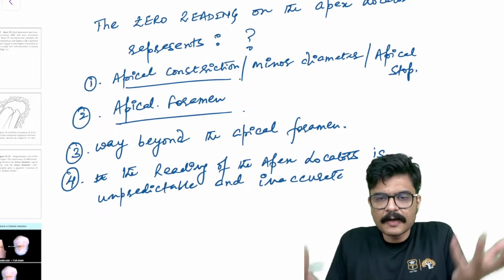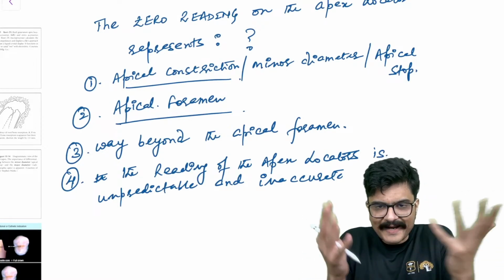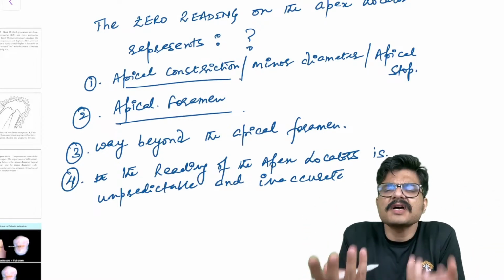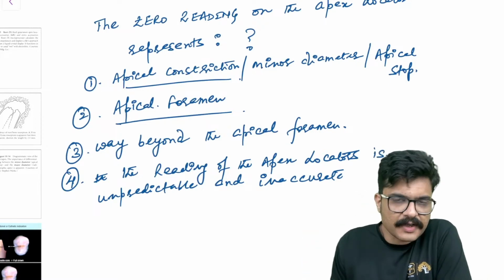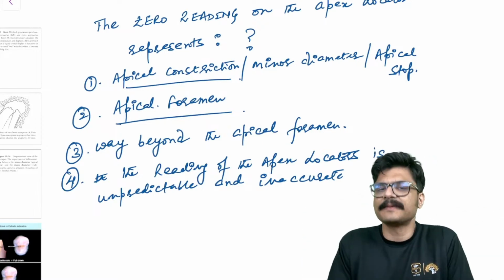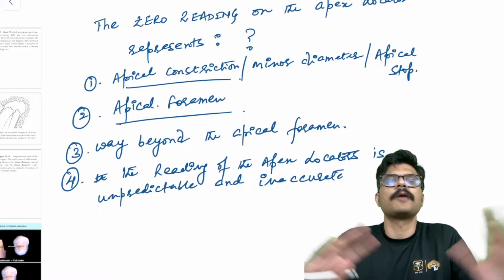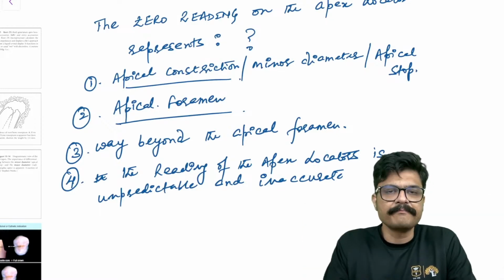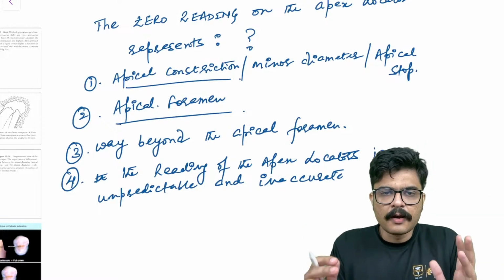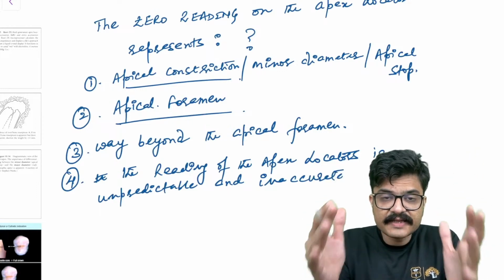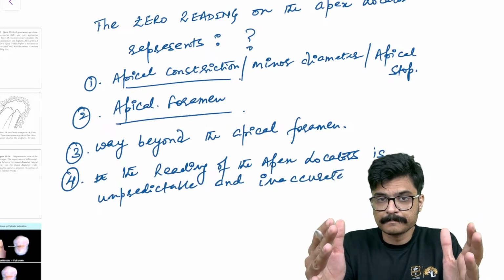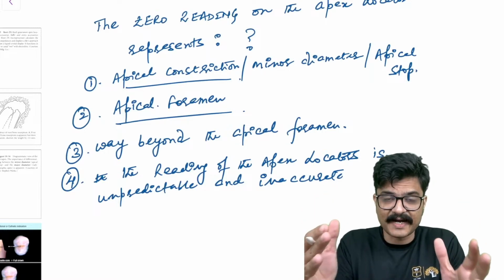You're somewhere in the zone right at the apical foramen, or probably just short of it, but beyond the apical constriction. So again, you are surrounded by cementum. Histologically, for all practical purposes, you are in the periapical tissues, right? So it represents the apical foramen, or somewhere very near to that.